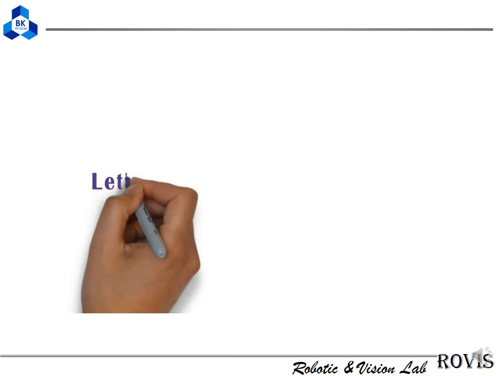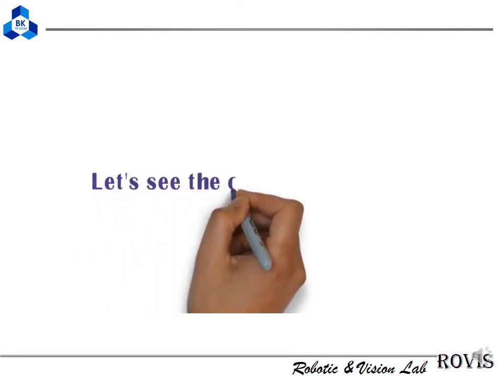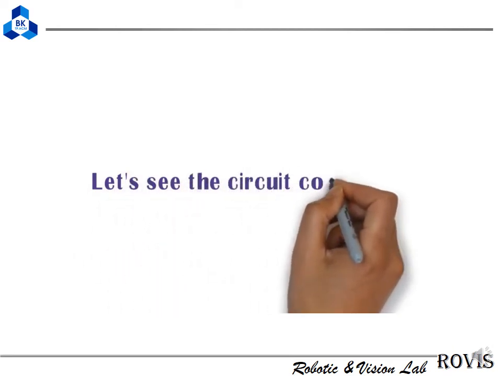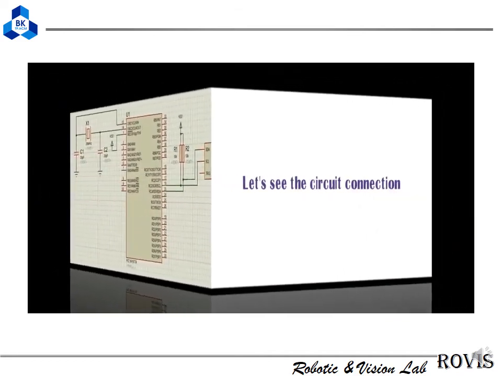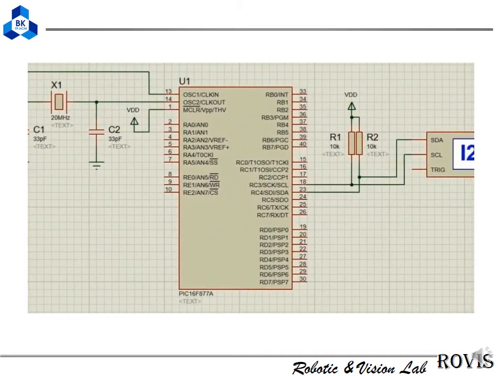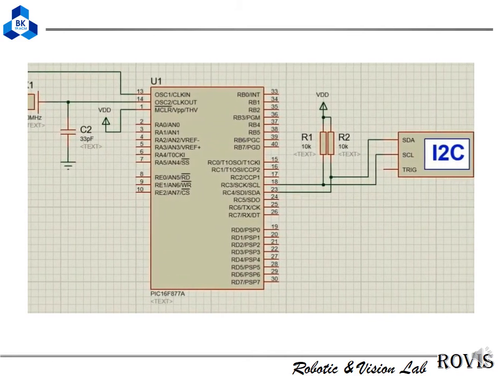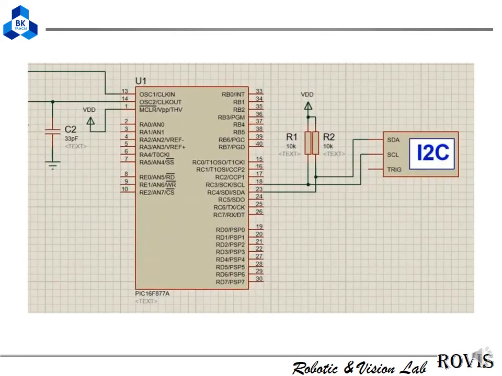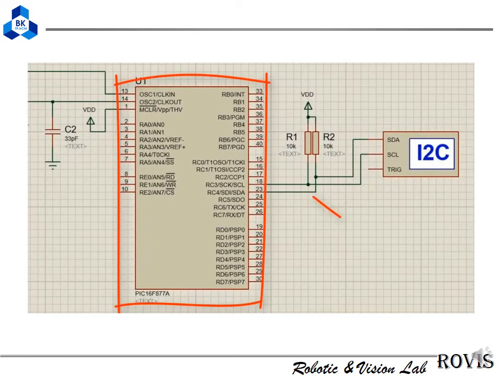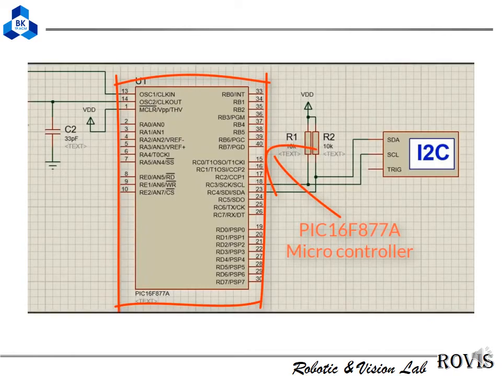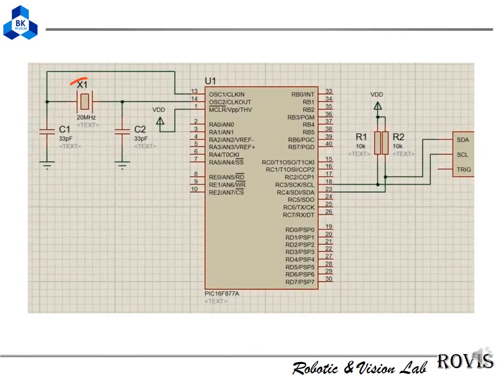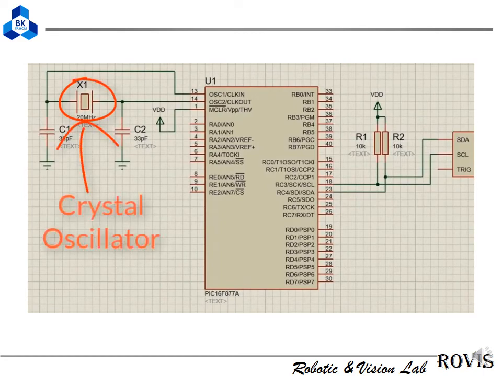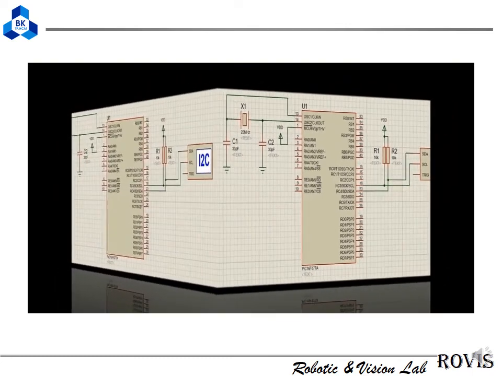Let's see the circuit connection. This is the circuit we are going to use in the Proteus simulation. This is the PIC16F877 microcontroller, and we have the 20 MHz crystal oscillator.